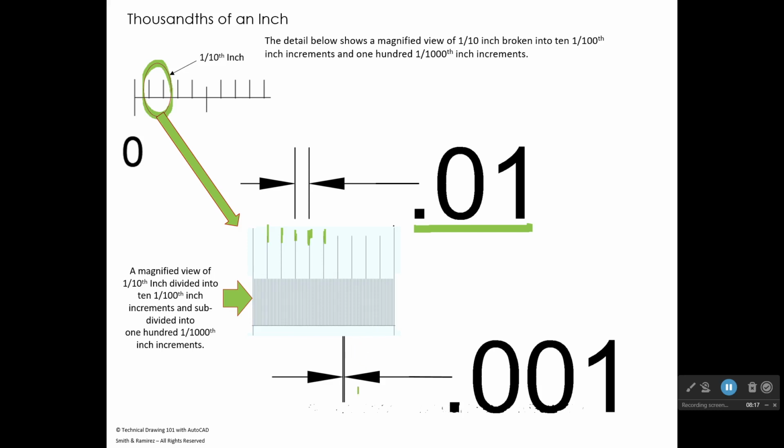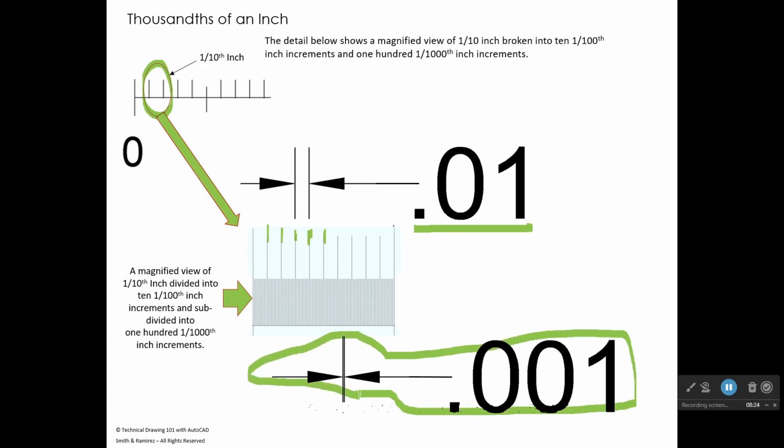And what you would wind up with is what we see down here. This is 1/1000th of an inch. So, like I said, this would be a piece of paper sliced into 4 thicknesses, longitudinally through it. So that would represent 1/1000th of an inch.